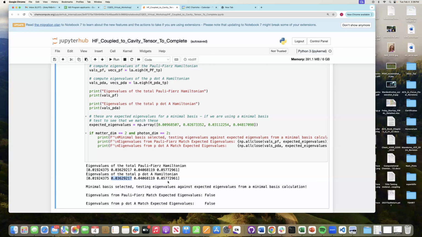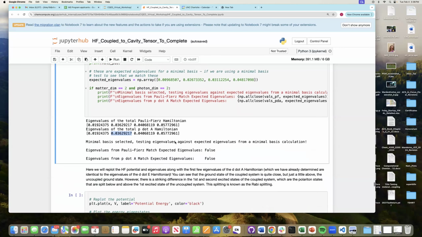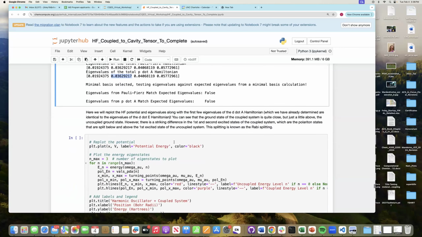They have to be the same in the exact limit, but that essentially means going to a complete basis limit. And so for a truncated basis, you can see disagreement in the eigenvalues. But for the harmonic oscillator, that is not the case. And that's kind of cool.